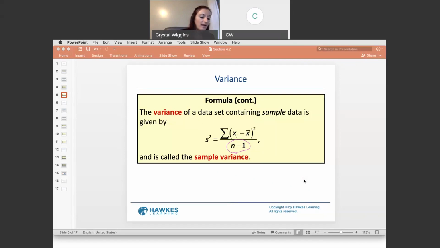Okay, so again, you have your sum symbol. You have your x i, which is just saying you're going to do this calculation for every single data value in the set. X bar, we introduced in the 4.1 video, the measures of location. X bar is the sample mean.